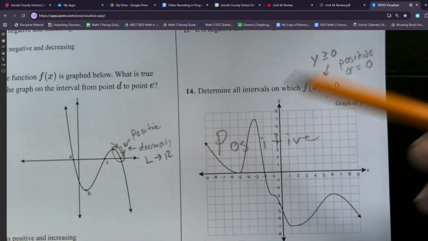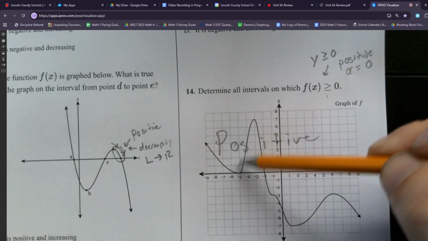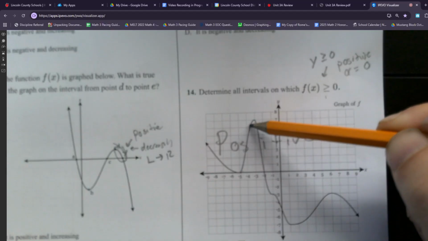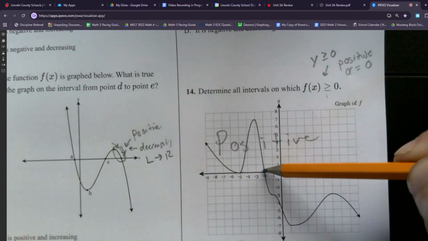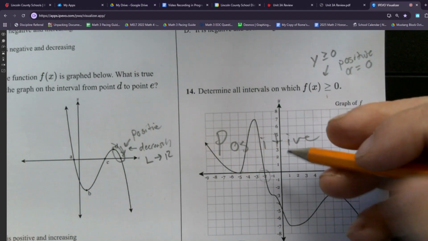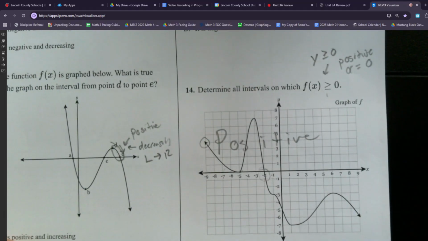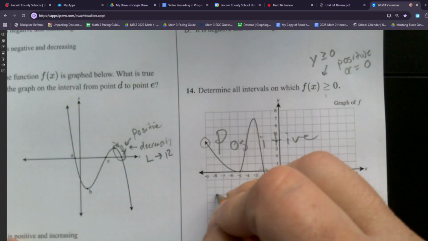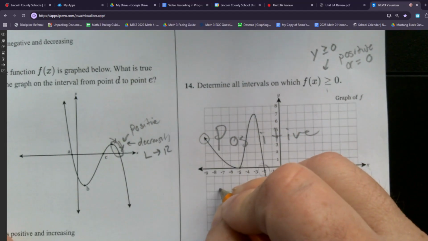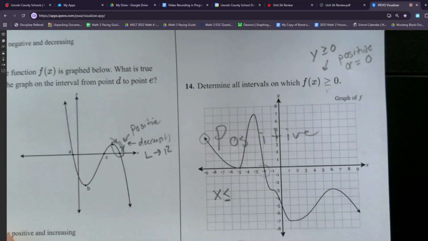So that being said, coming in, you are in positive territory, okay? It touches here, but it goes back up, so it doesn't cross into negative territory. So it's still positive all the way till it gets to that x value that is positive or equal to 0. Since this arrow is on the left, that means it will be x less than or equal to, because it's equal to here.